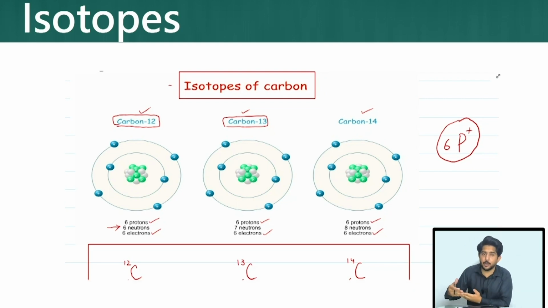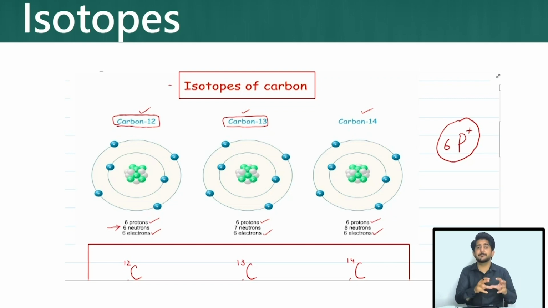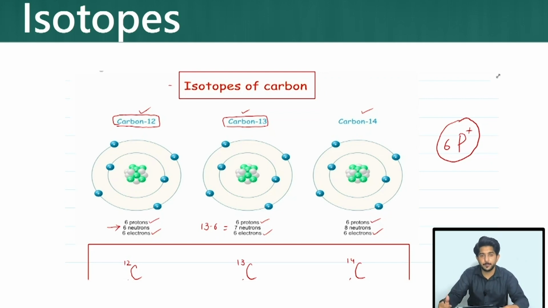It has 6 protons. So beta, mass number is equal to what? Mass number is the sum of protons and neutrons. So subtract the number of protons from the mass number, and in this way you can calculate the number of neutrons. So 13 minus 6 will give you 7. So these are the 7 neutrons present in the carbon 13 isotope.